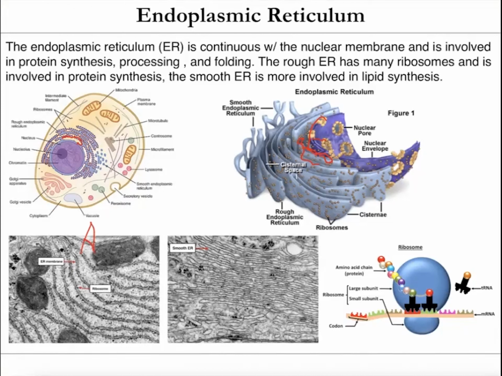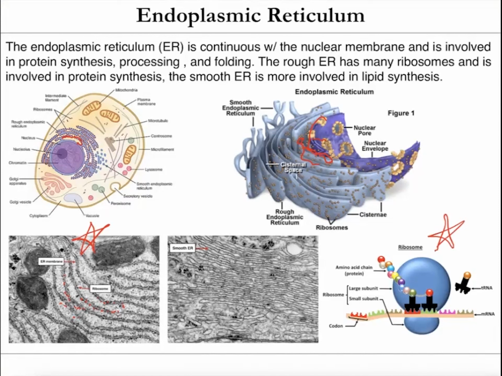Here is an electron micrograph of rough endoplasmic reticulum. It's called rough because it's got all these little dark spots all over, and it just has a rough appearance. Those dark spots are actually ribosomes. Ribosomes are part RNA, part protein, all protein-making machine.